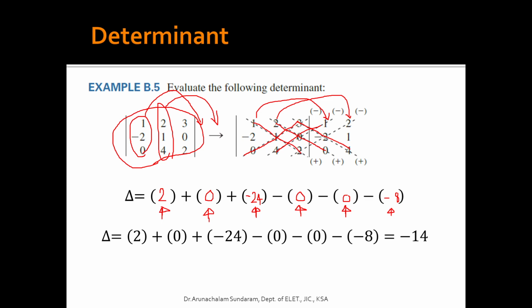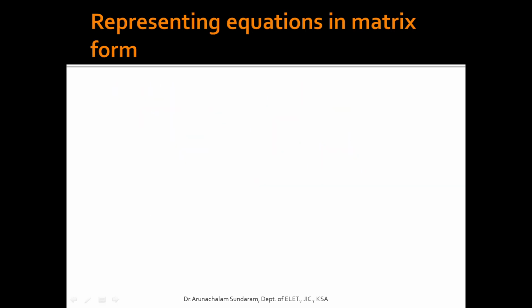These three lines get a plus symbol. Then we have to draw the other three lines. For the first three brackets we put plus sign. For the next three brackets we put minus sign, and then we multiply those numbers and write it. You solve it one time and you will understand this one.